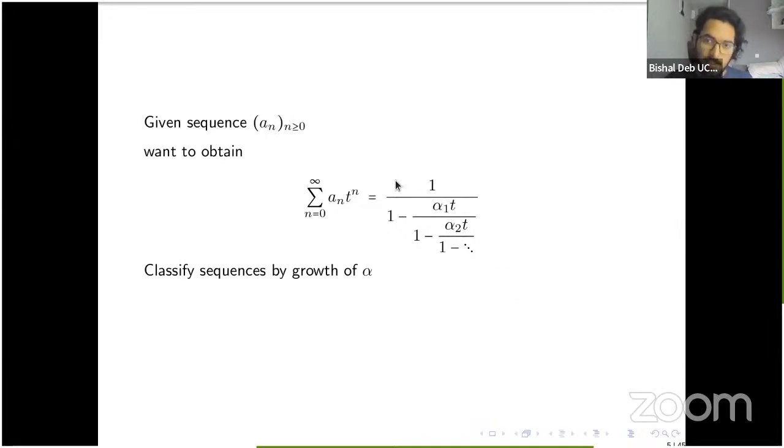So we want to look at the growth rates of these Stieltjes-type continued fraction coefficients. Before going into the quadratic family, let me talk about the linear family a little bit and give some examples. When the alphas are constant, 1, 1, 1, 1, and so on, these are the Catalan numbers.